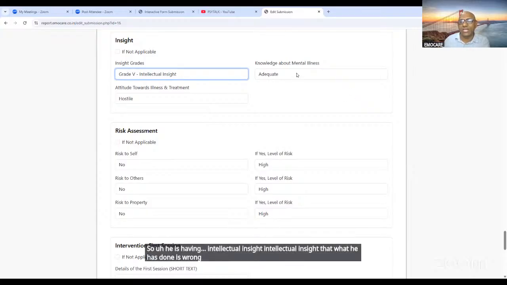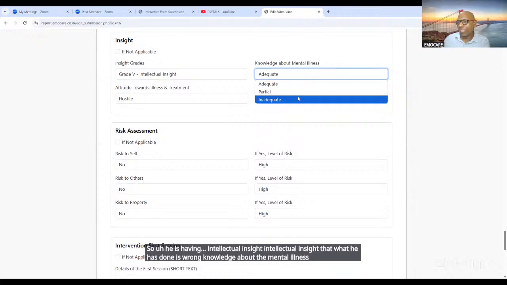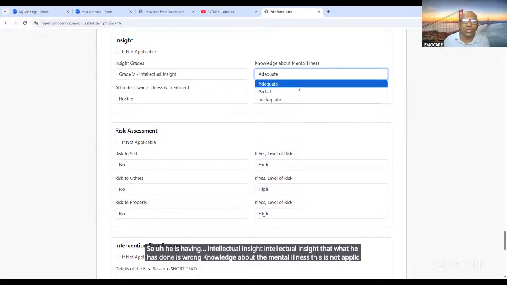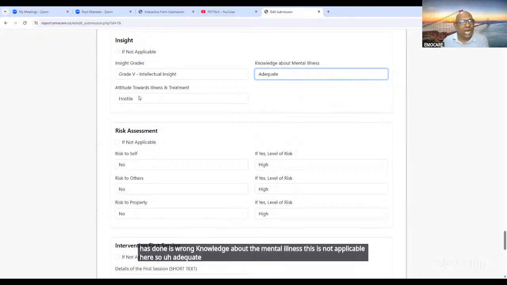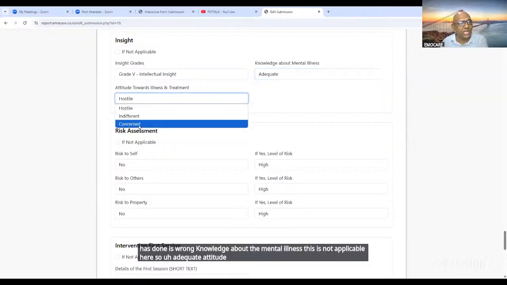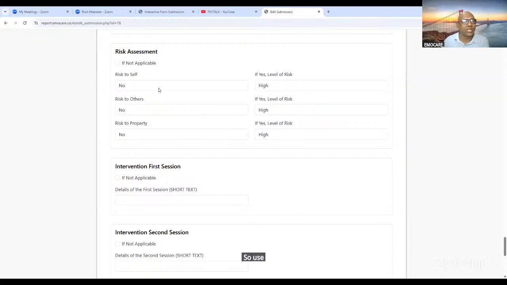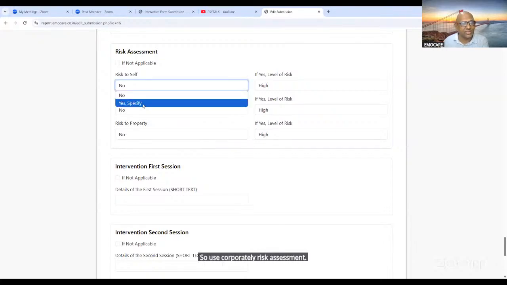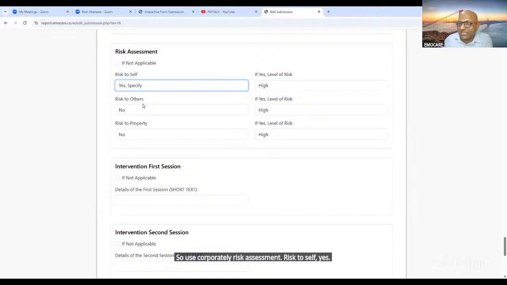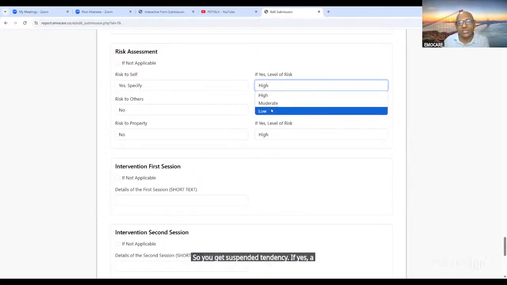Knowledge about mental illness, this is not applicable here. So adequate. Attitude towards illness and treatment, consent. So he is cooperating. Risk assessment. Risk to self, yes, so he gets a suicidal tendency. If yes, level of risk, that is low.